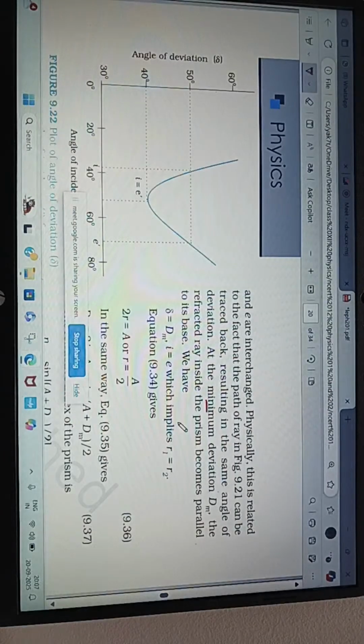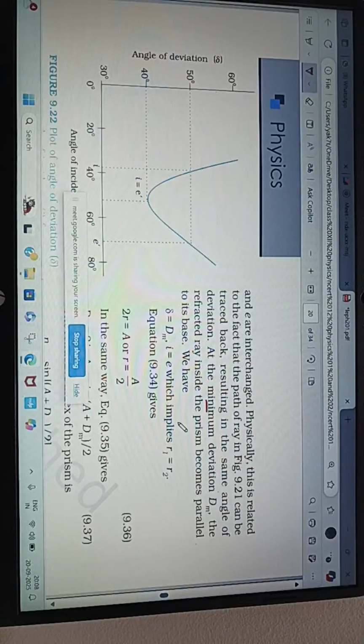If it is asked in the exam, what is minimum deviation, what will you write? Sir, minimum deviation is when angle of incidence is equal to angle of e. E is the emergent angle.